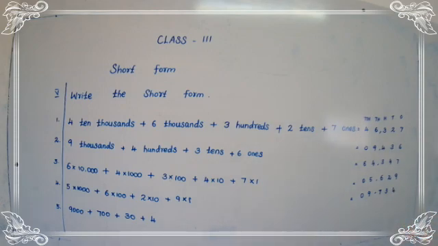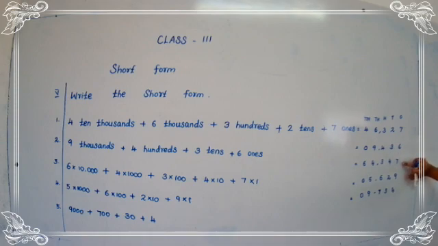So this is your class work for today. Okay. Now all of you listen. The first one. What is this number? All of you see the board and read the number. 46,327. Then see the next one. 9,436.